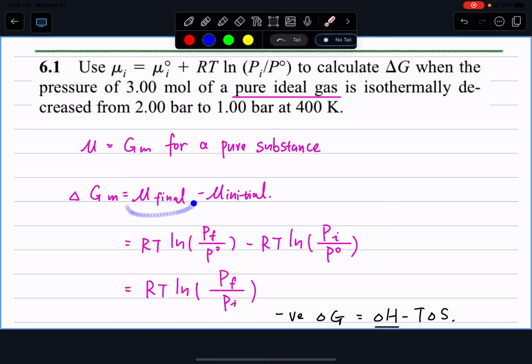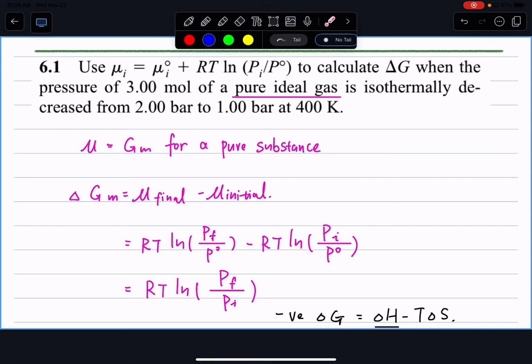In this case, when we're looking at the delta G_m, this standard one will cancel out because we're looking at the differences, right? So you can just calculate the delta G_m, or the molar Gibbs free energy change for this process, by looking at the chemical potential of your final minus initial state. And in this case, we're using RT ln(P final over P standard) minus RT ln(P initial over P standard). You can find that information here.